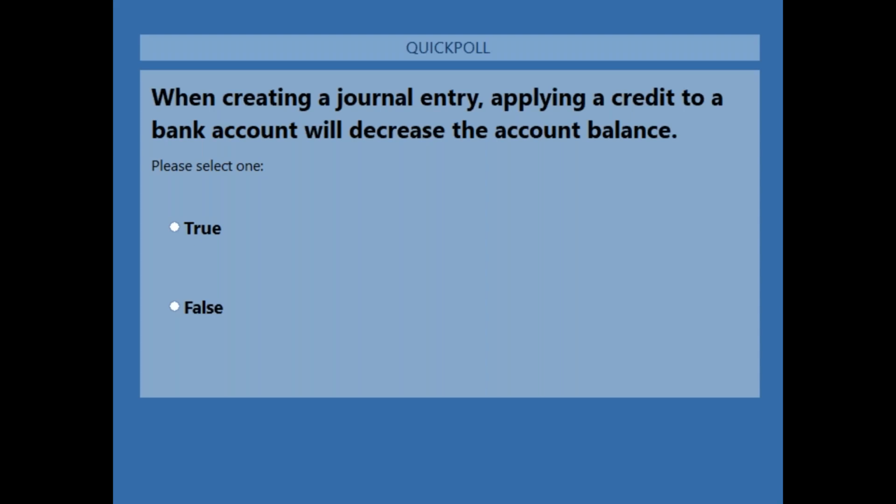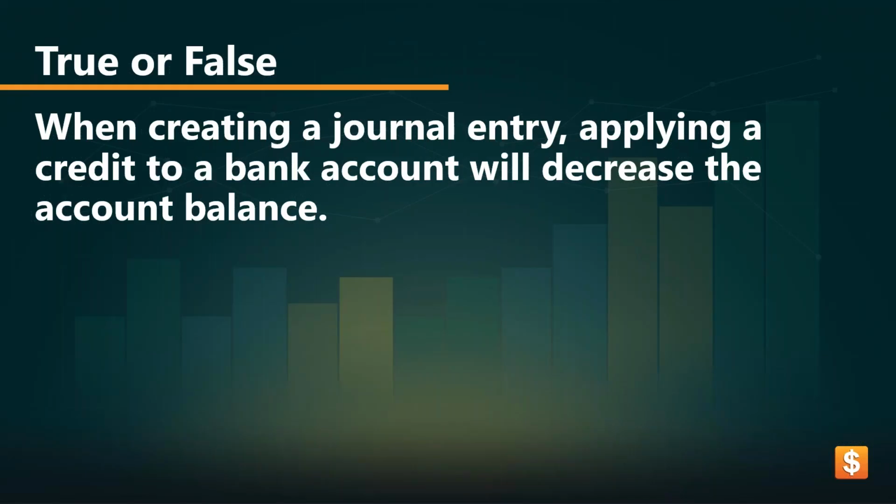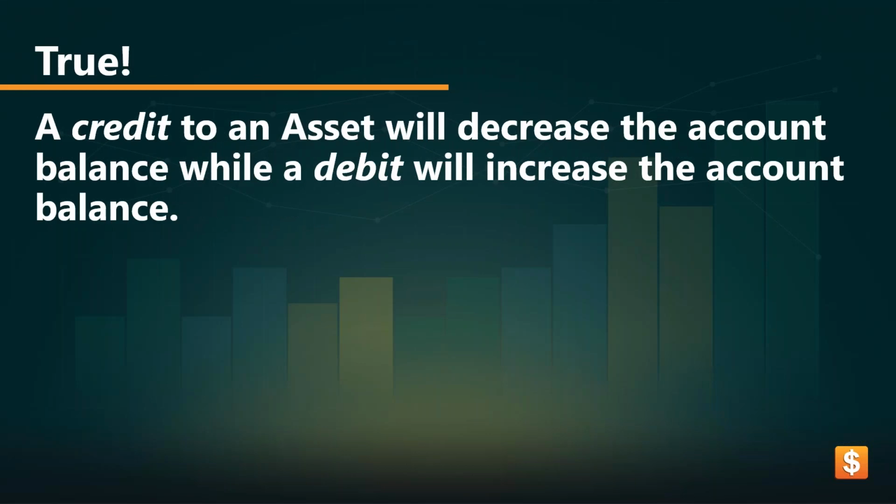And this is going to be true. So usually when you hear debits and credits, you think debit goes up and credit goes down, usually because you're applying it to an asset. So it is probably what you usually think of when credit makes it go down.